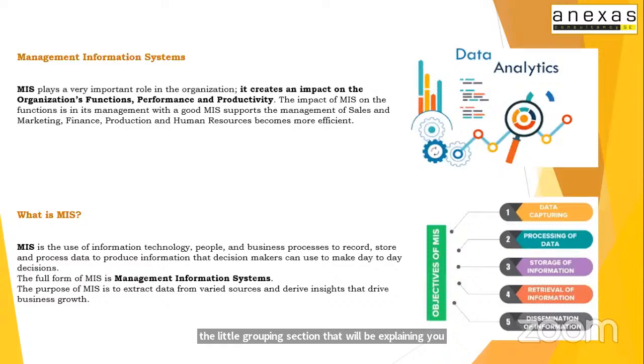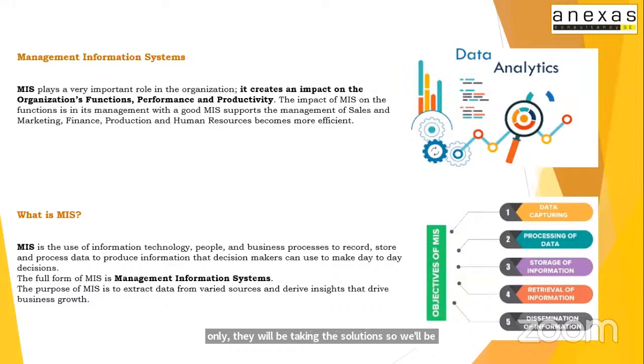So all these, Power BI or advanced Excel, come under management information systems, right? It plays a very vital and important role in organizations. It creates an impact on the organization because based on those MIS reports only, they take data-driven decisions.